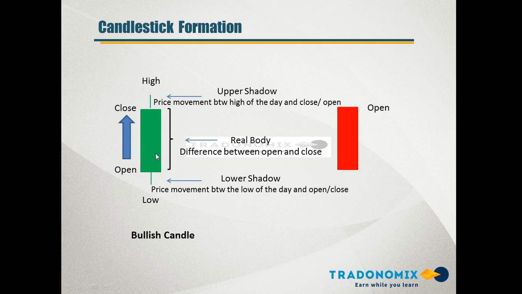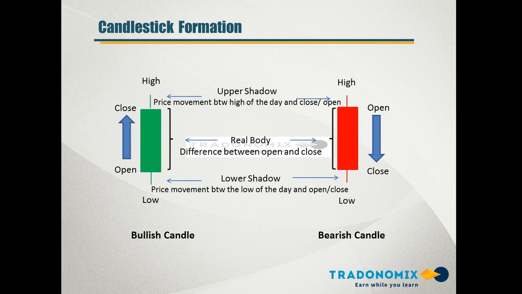So you have a similar candle but in red, and that's called the bearish candle. It has again an upper shadow and a lower shadow, but the difference between the bullish and the bearish candle is, in the bearish candle, the candle starts at a higher price and it moves down to a lowest price, and hence it's called a bearish candle.